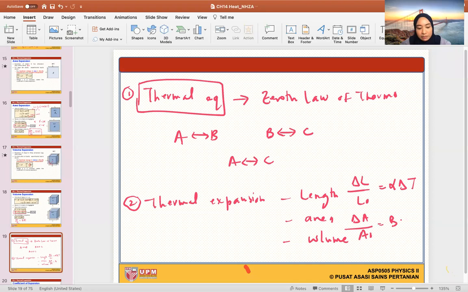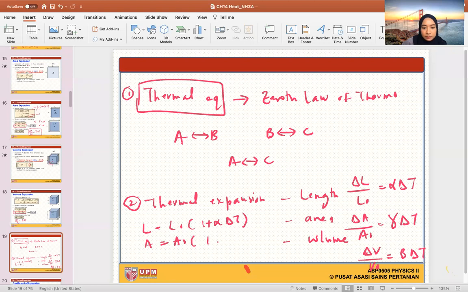Then gamma, delta A over A naught equals gamma delta T, and V is delta V over V naught equals beta delta T. And you have a bunch of equations: L equals L naught times 1 plus alpha delta T, and likewise A naught times 1 plus gamma delta T, V is V naught times 1 plus beta delta T. So alpha is alpha, gamma is 2 alpha, beta is 3 alpha.